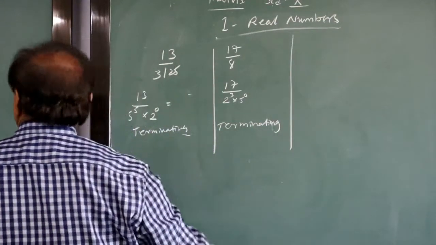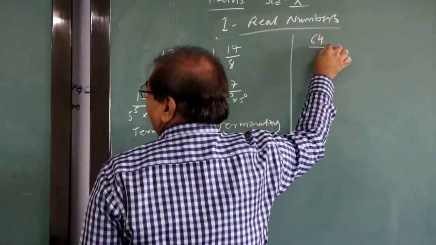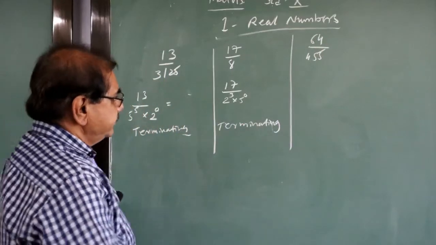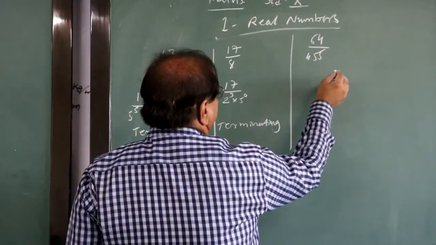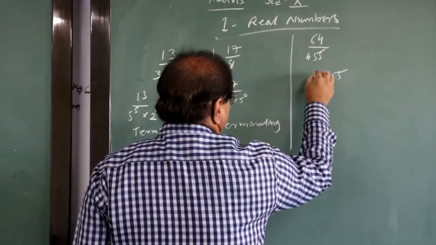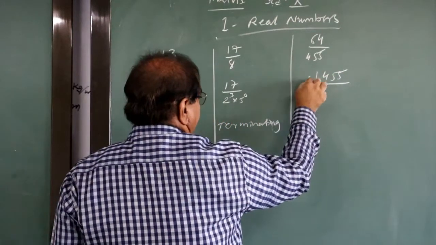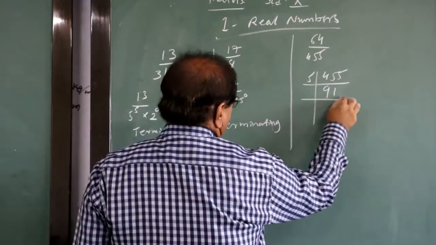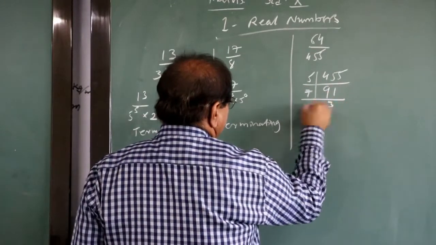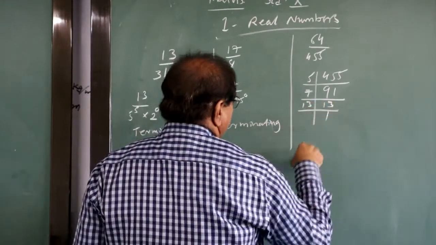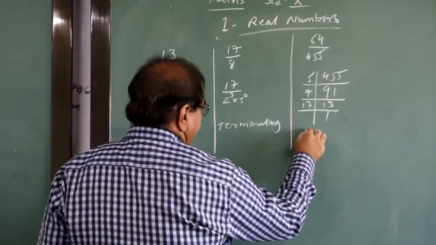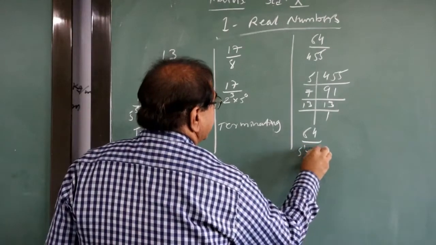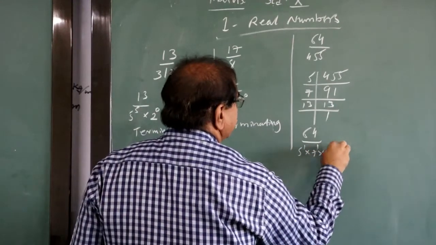Take one more, 64 upon 455. Now we check 455 and factorize it. I start with 5. 9 5s are 45, 5 1s are 5. And we know 7 13s are 91, 13 1s are 13. So 64 upon 455 means 5 raised to 1 into 7 raised to 1 into 13 raised to 1.